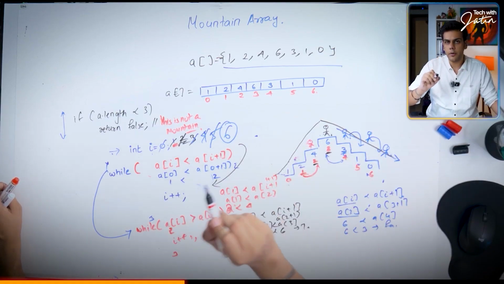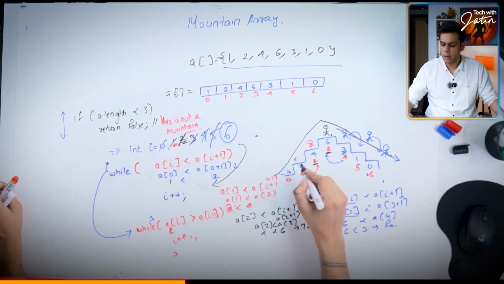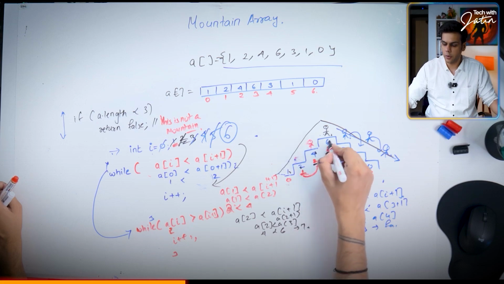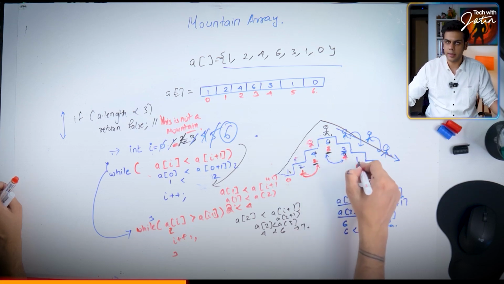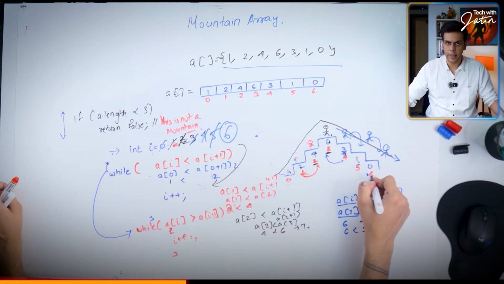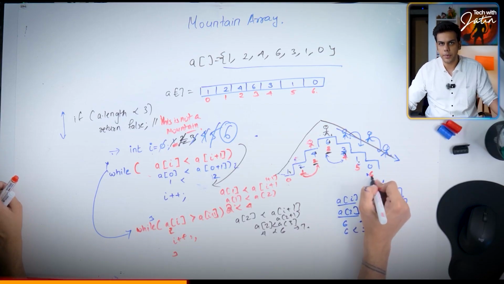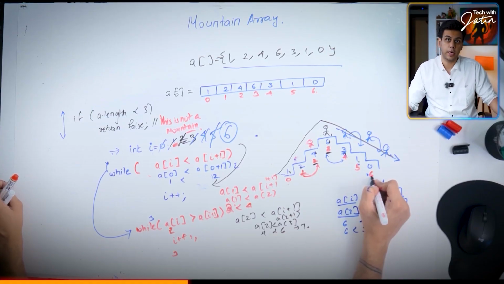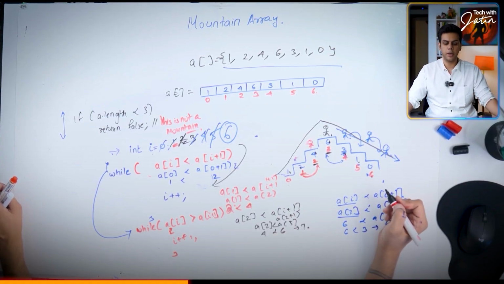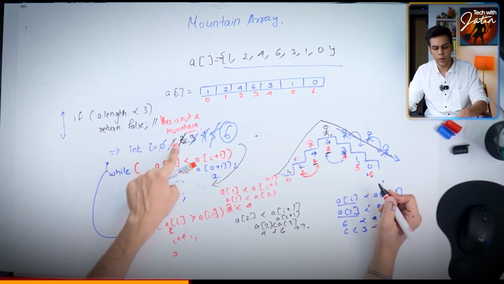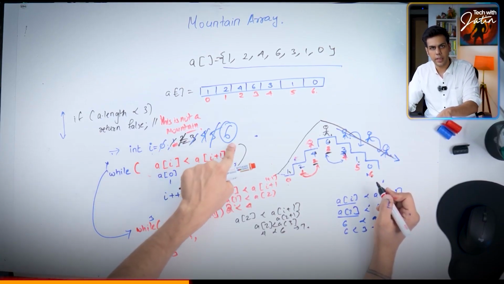The total number of steps, 1, 2, 3, 4, 5, 6, 7, right? The total number of steps would be equal to your length of the array. Is this part clear to everyone? We started from 0, 1, 2, 3, 4, 5, 6, right?